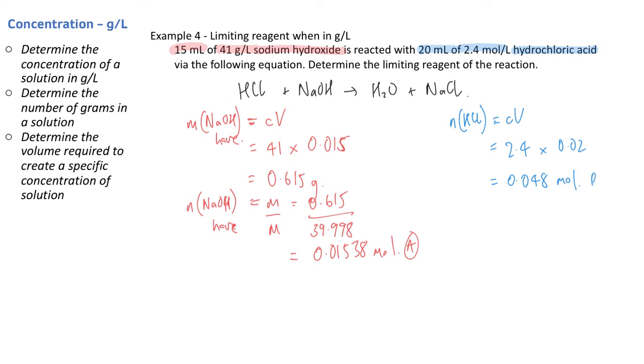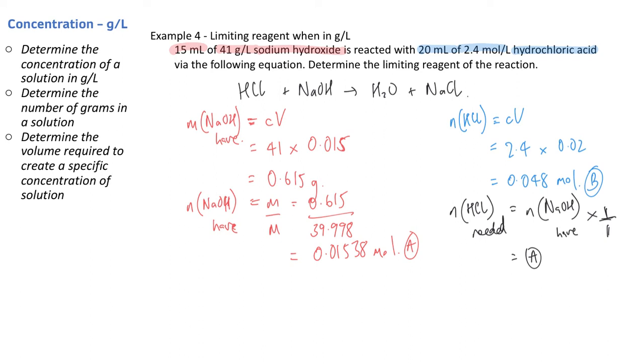So we go straight to moles and we save that as B. Now, the number of moles of HCl needed is equal to the number of moles of NaOH that you have times 1 on 1. This is stoichiometry, based on the balanced equation, which is equal to A.